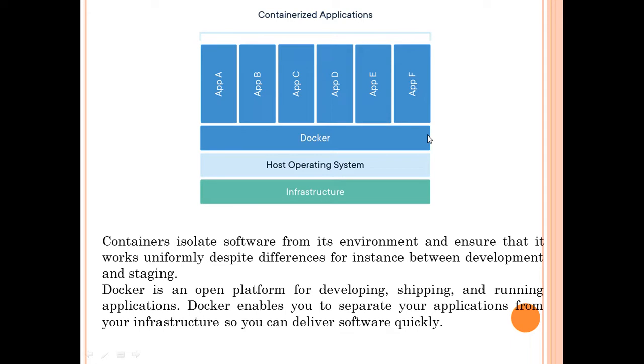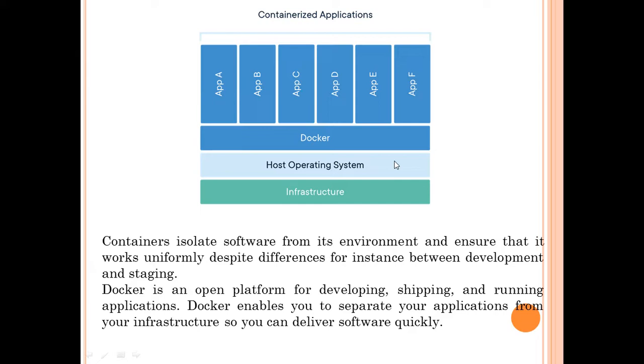If we compare the same process with virtual machines, we will need multiple operating systems to run different applications. So in this case, if we have 6 different applications running, we need six operating systems to run those applications, which makes it heavyweight, and heavy lifting is required to run such a setup.